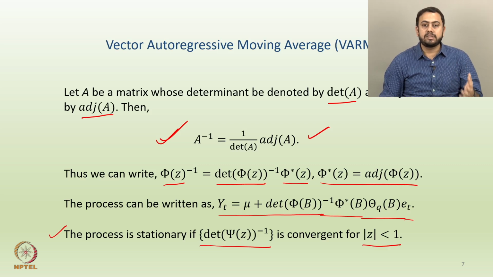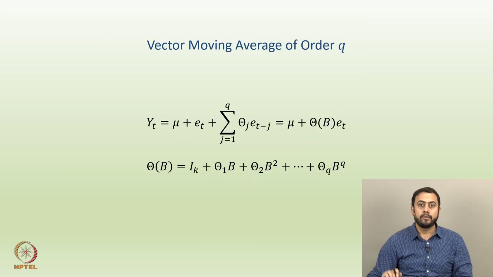So you have one more simpler looking idea as to when you say the process is stationary or not. When you write down such an expression containing determinants or adjoints, the only thing you have to prove is whether your 1 by determinant, or determinant inverse, is convergent for every value such that mod z is less than 1.